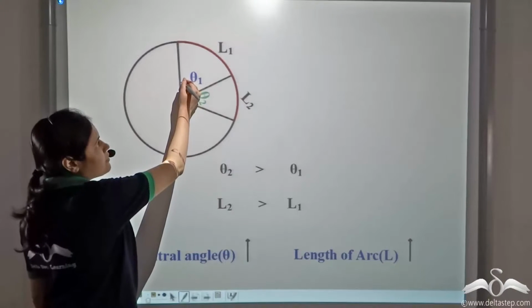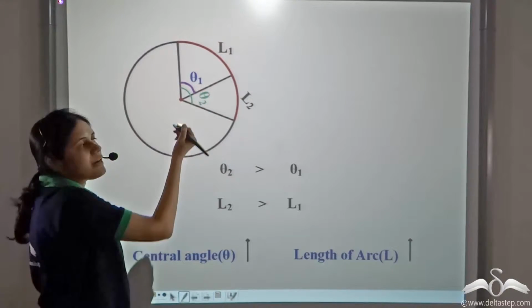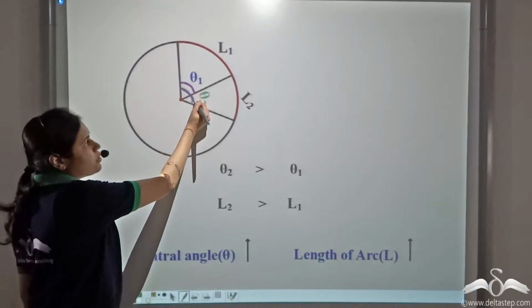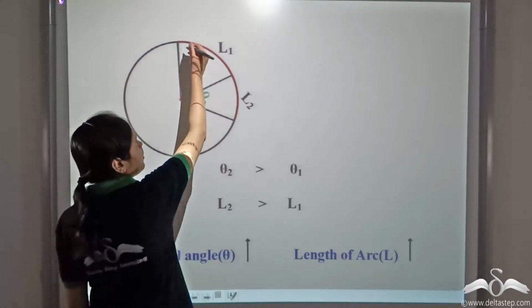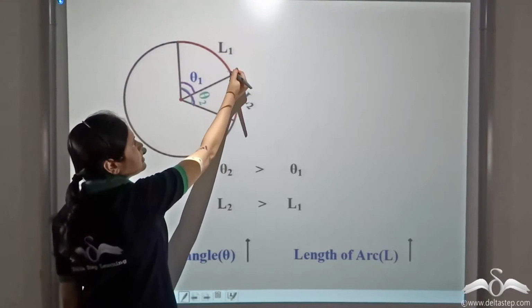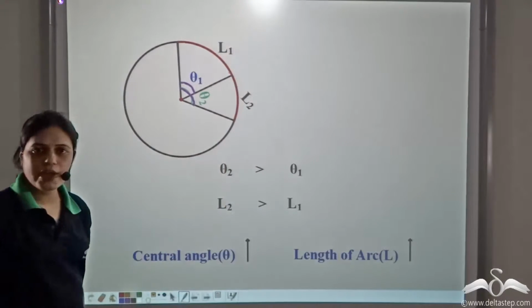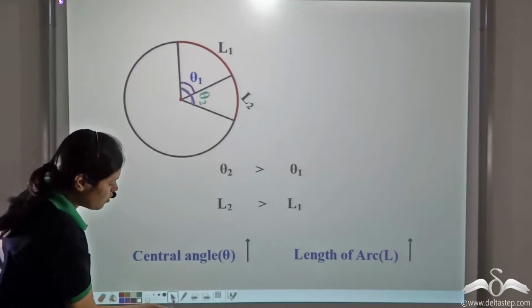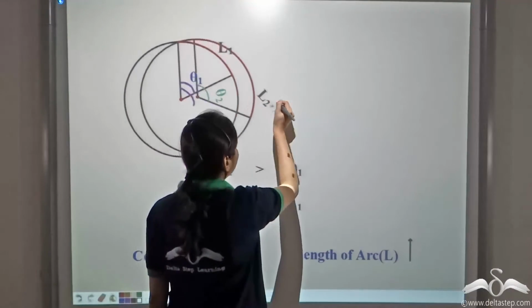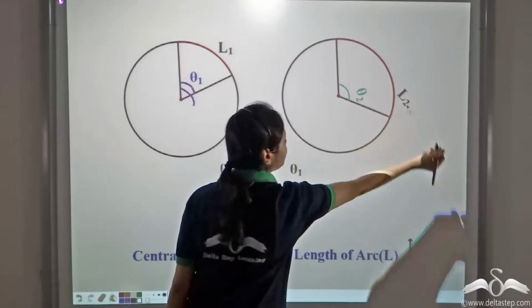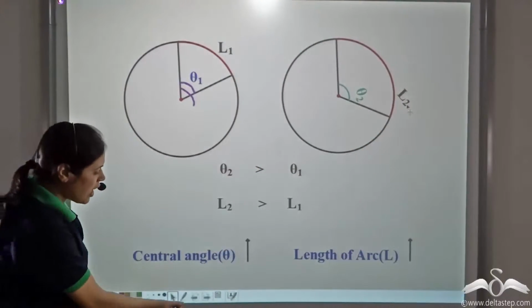So in this case, if theta 1 increases to theta 2, the length of the arc also increases from L1 to L2.